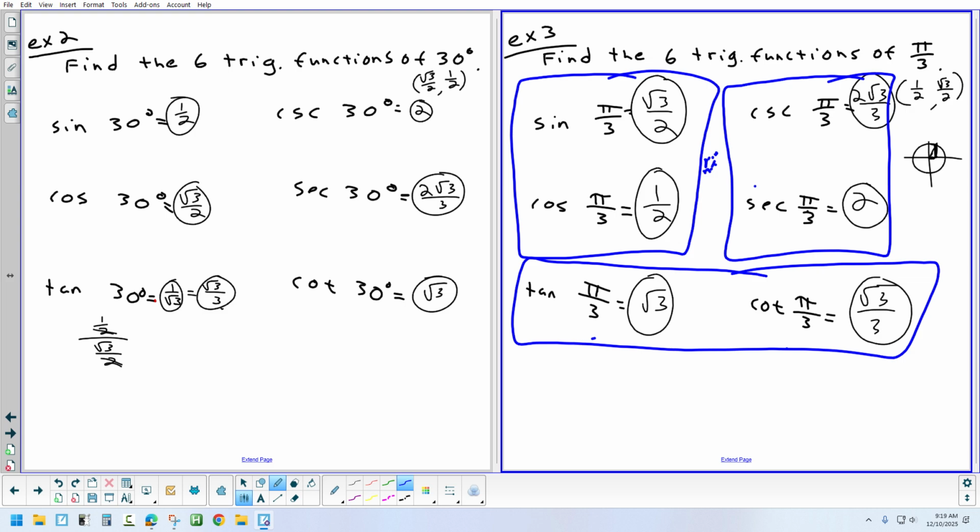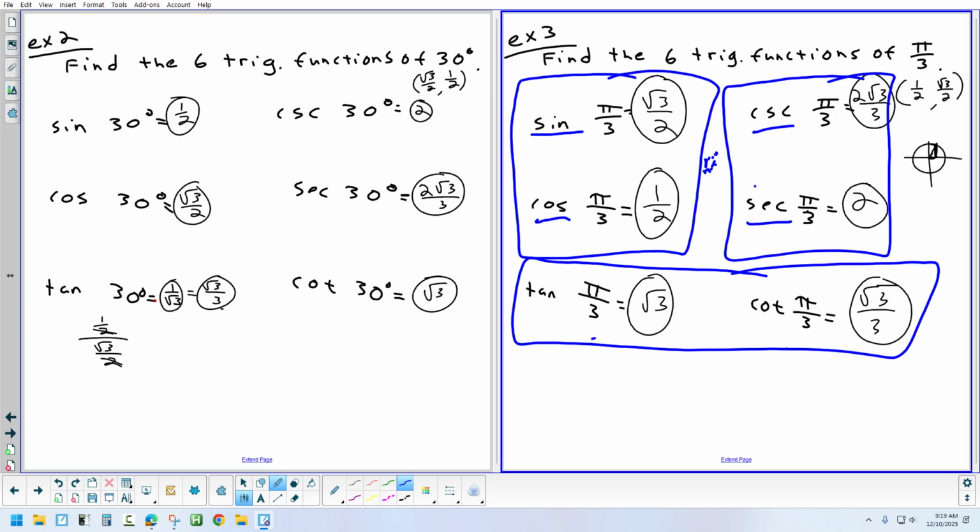The way the switching works here is these are what we call co-functions. A co-function is when you put the word co in front of the name and we get the other function. So sine has a co-function of cosine. Secant has a co-function of cosecant.